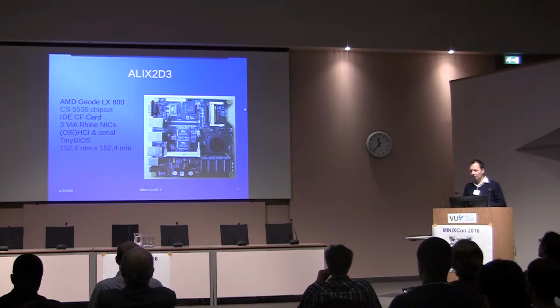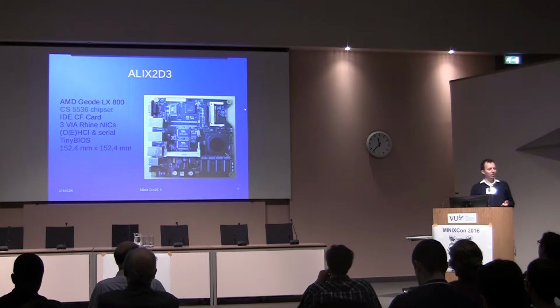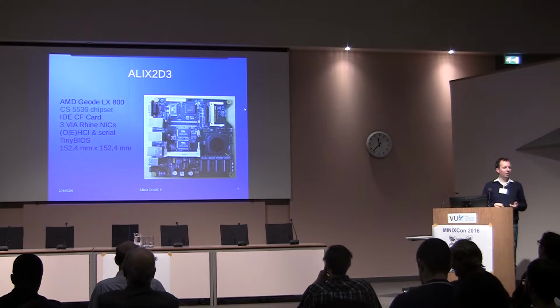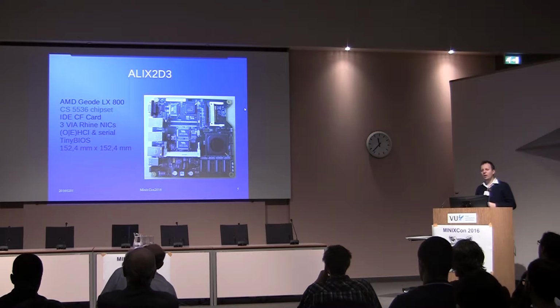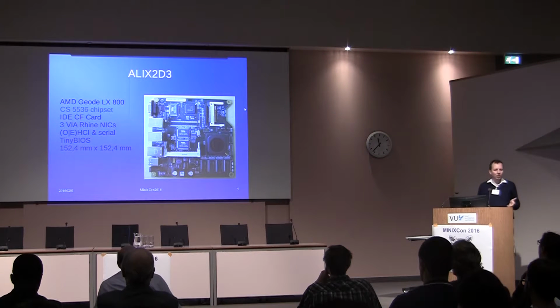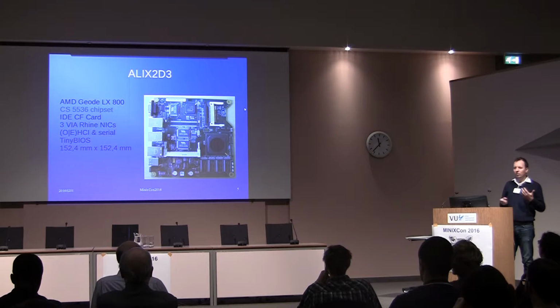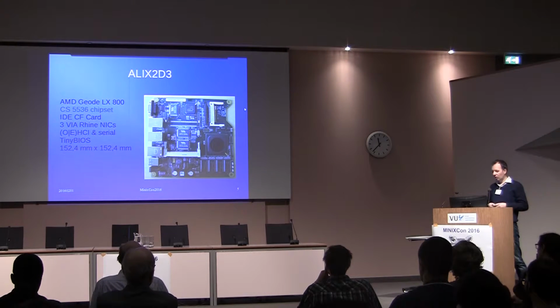interesting feature set. You have an AMD Geode LX800 chipset with a 500 megahertz processor, and you already have 3 network interfaces there, where you can really use it quite well for firewall appliances and things like that.